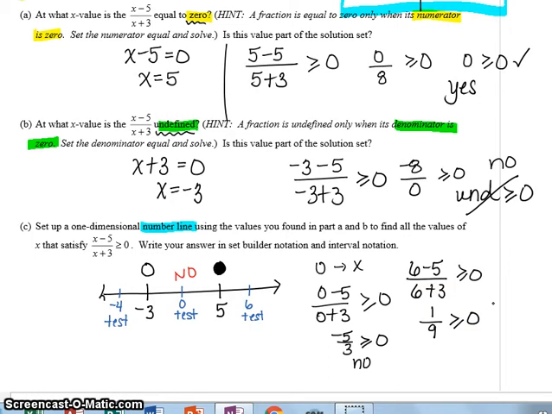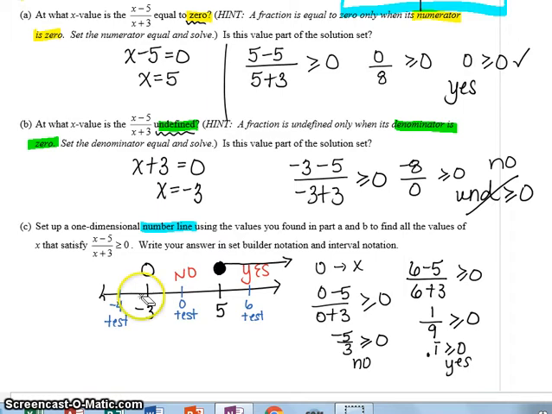Now, who cares that it's 1/9, guys? Okay? When you divide 1 divided by 9, you get 0.111 repeated. Who cares? It's still greater than 0. So this one is a yes. That means everything to the right of 5 is a yes. Because it's a yes, you extend your line that way.